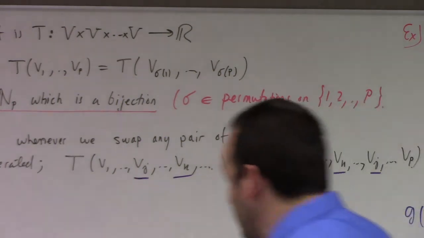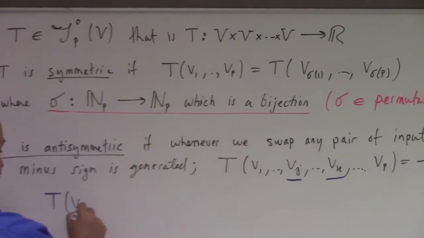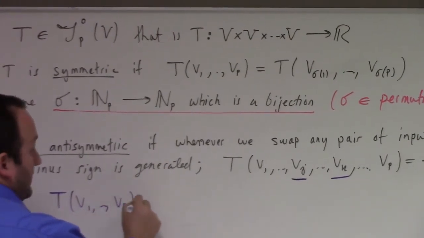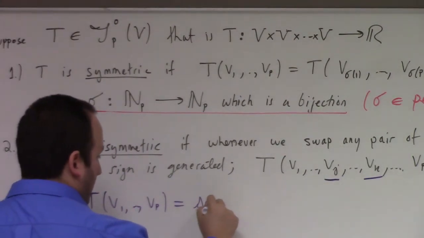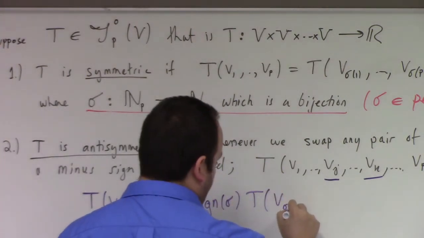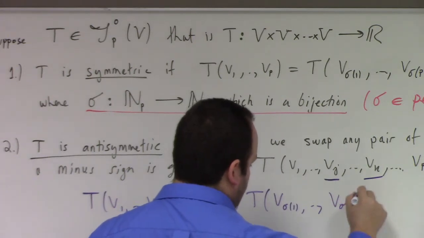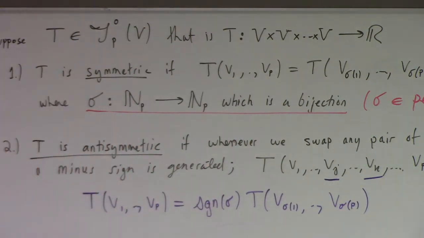In terms of combinatorics, though, that's equivalent to saying that T of V1 through Vp is equal to the sign of sigma times T of V sigma 1 through V sigma p. Where sign is equal to plus or minus 1, depending on whether the permutation can be written as an odd number of transpositions or an even number of transpositions.